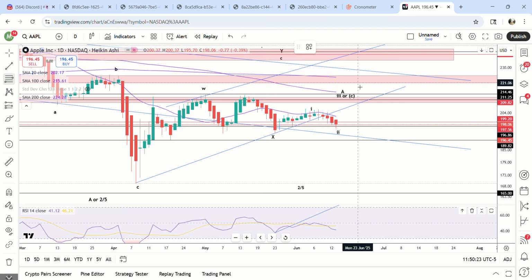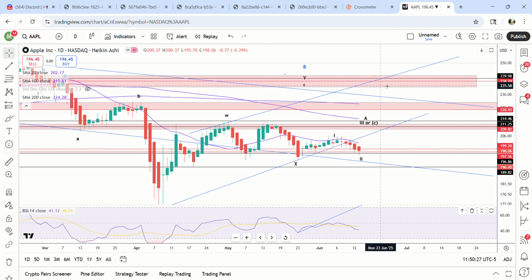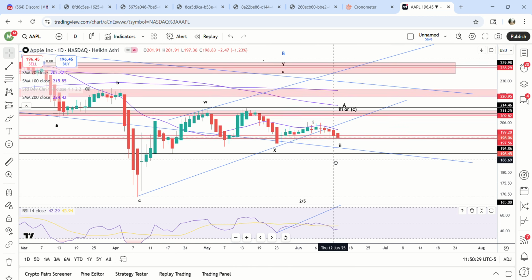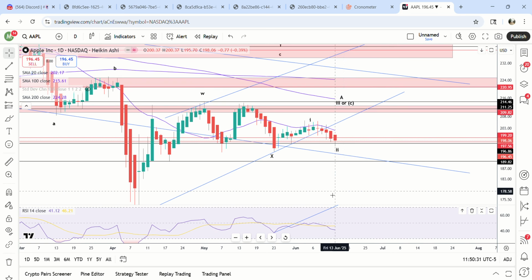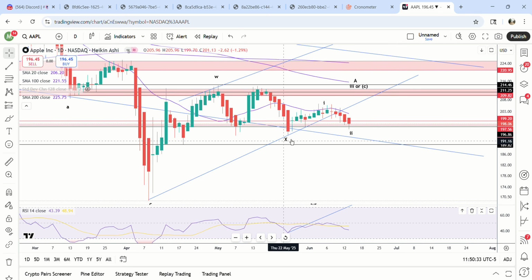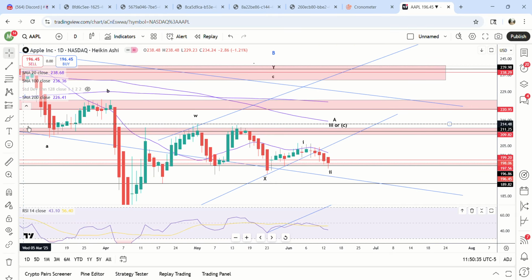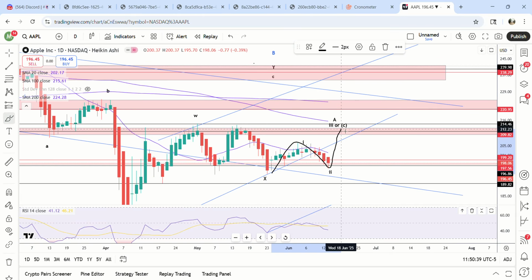So 220 could be a minimum. There's a gap up there. But again, the 0.78 retracement is up here at 238. So based on RSI, I have this as WX1, 2, and I'm expecting at least 214 on the next move up. And then pull back. So you're probably looking at 220 minimum, 238 max.